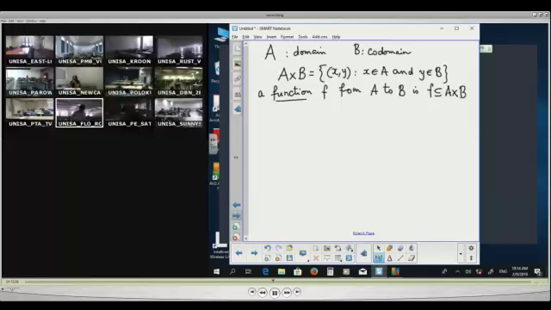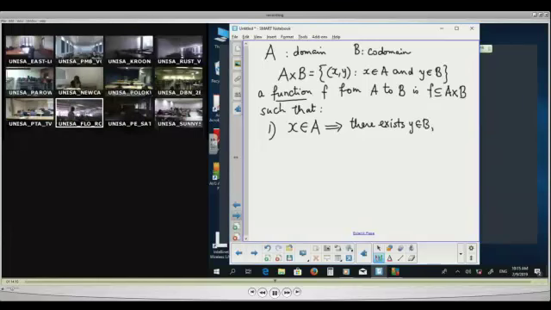So, here are some conditions. Whenever I have an X in A, this implies that there exists a Y in B such that the pair XY is in F. Yeah?